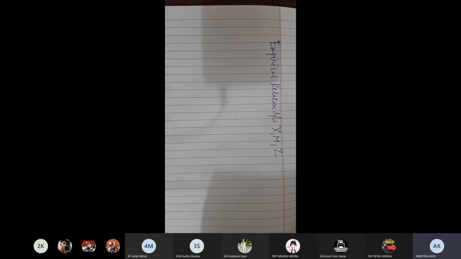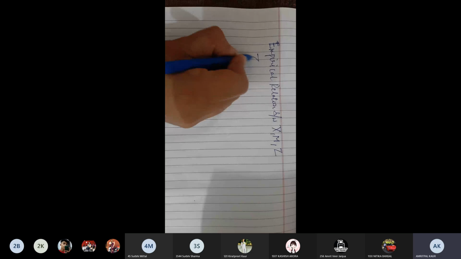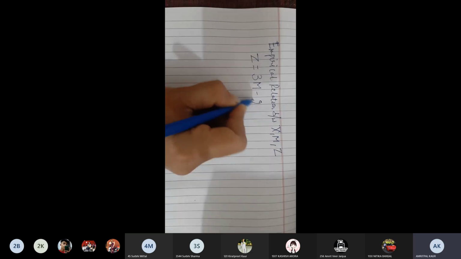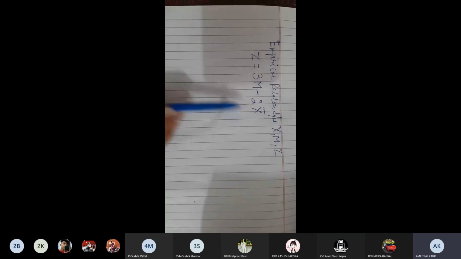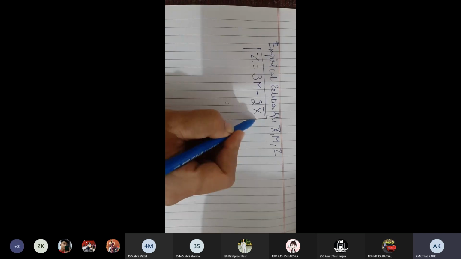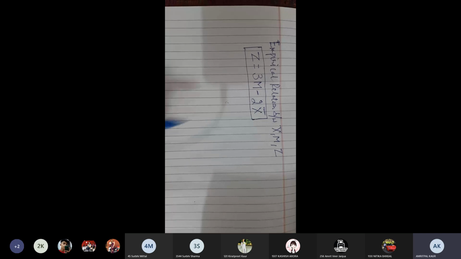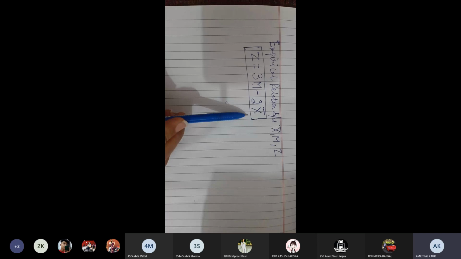I think you must have done this formula earlier also: Z is equal to 3 median minus 2 mean. If we know the value of median and mean, then we can easily find out the value of mode. So please remember this formula. Any two values will be given, then we can find out the third value.